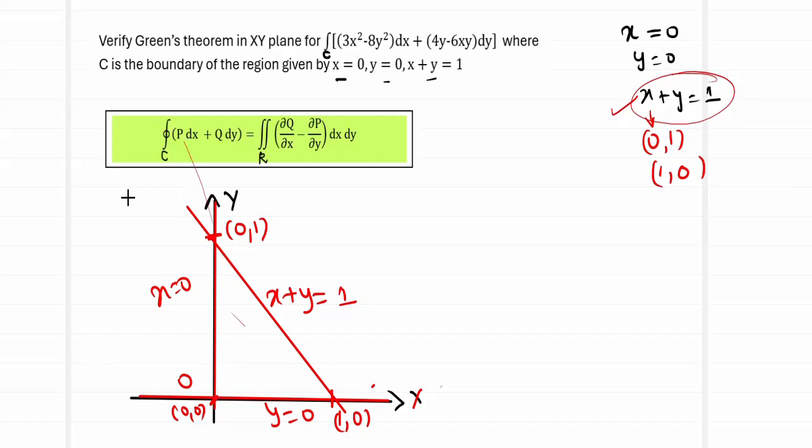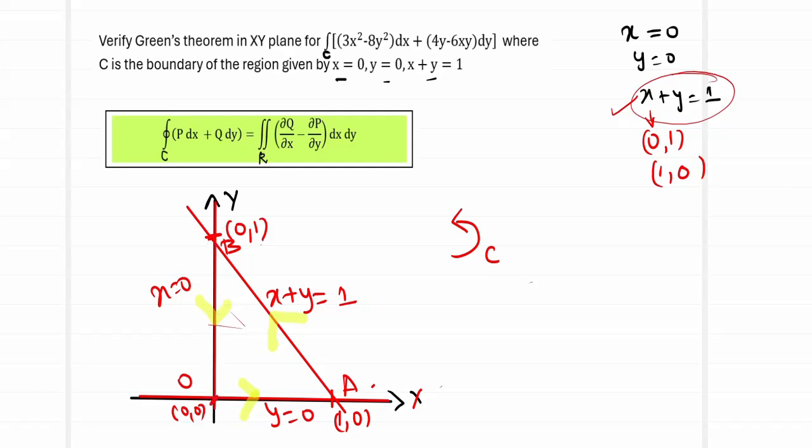We know that the curve C has to be traversed in the anti-clockwise direction, meaning in this way. So I have to trace my curve C in this direction. Let me begin with O, go along the line to the point A, and let me mark the next point as B. Next I move along the line AB, and after reaching point B, I move downwards along the line BO.